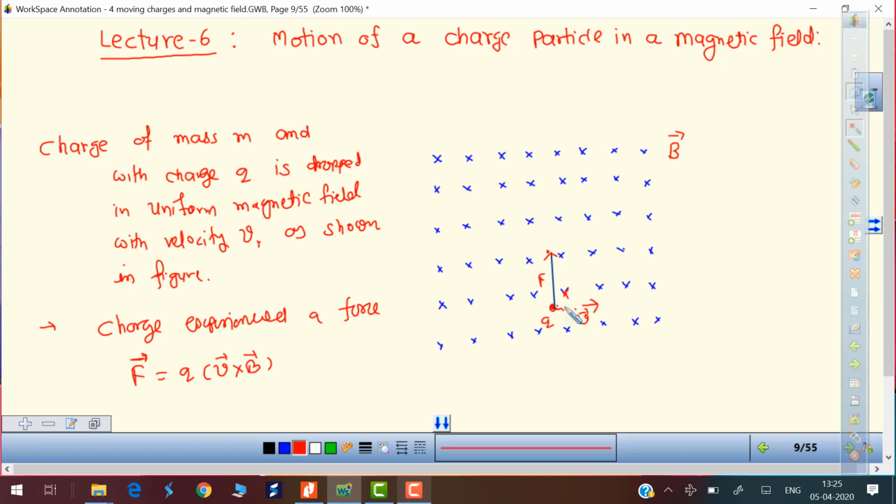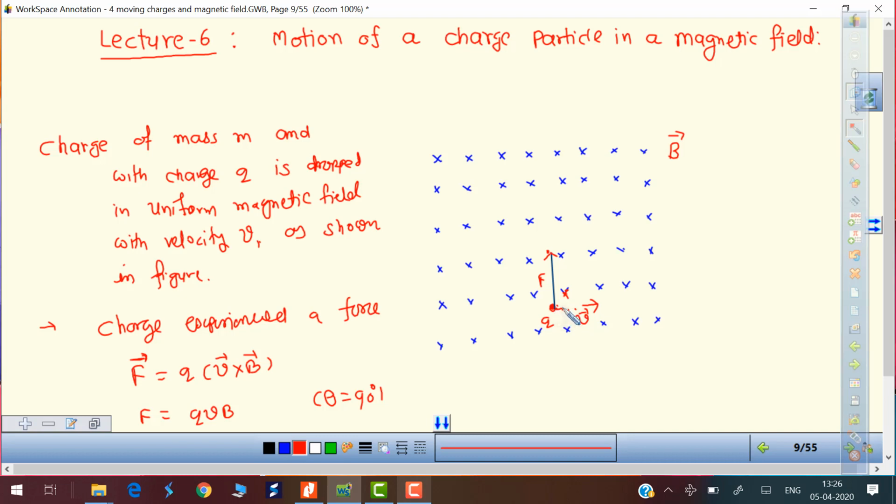So this is the force. And if you see the magnitude, then it is qvB, because theta is equal to 90 degrees. Because of this force, what will happen?